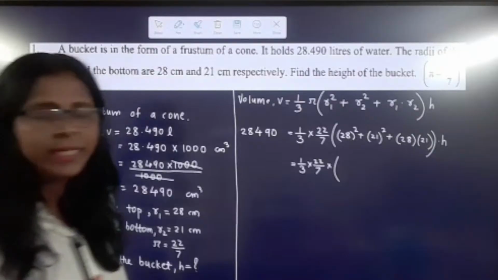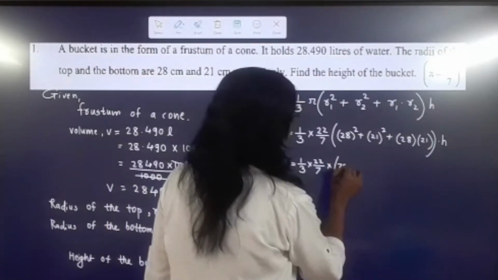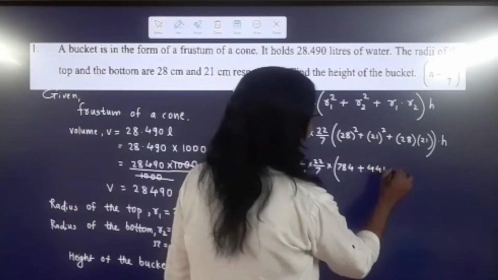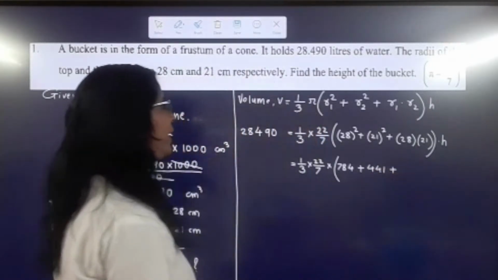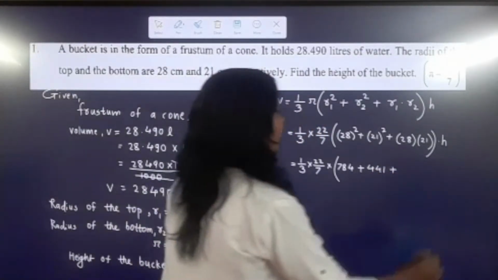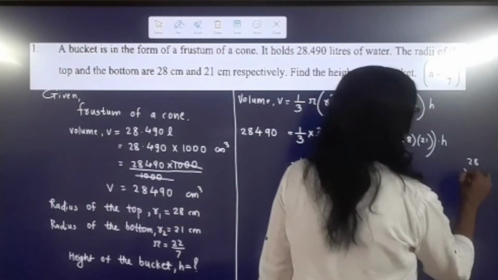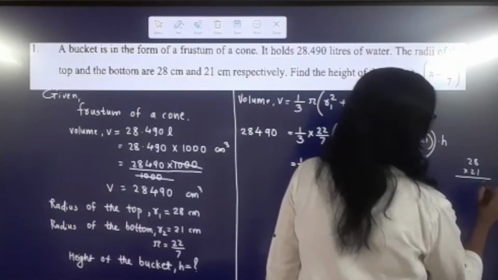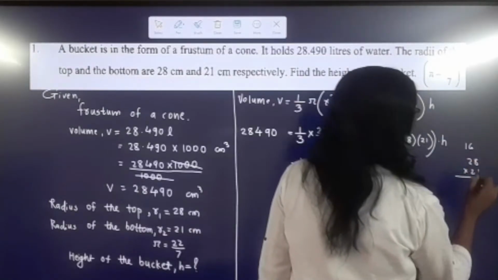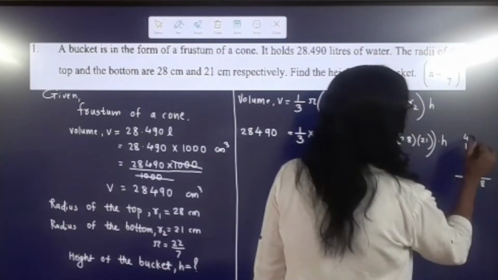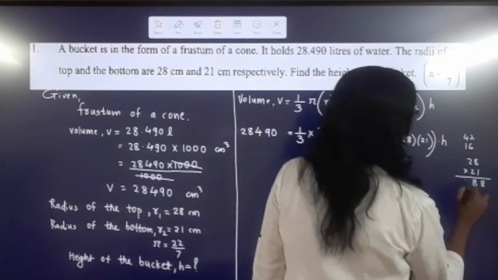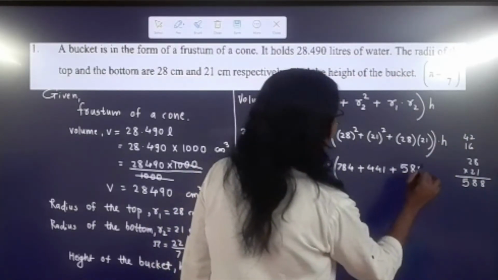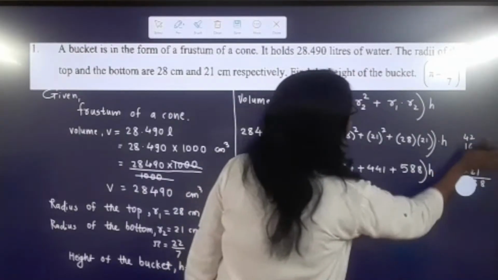The square of 28 is 784, and the square of 21 is 441. And 28 multiply 21 is 588. Here 588, multiply H.